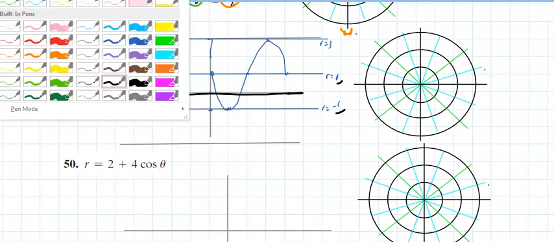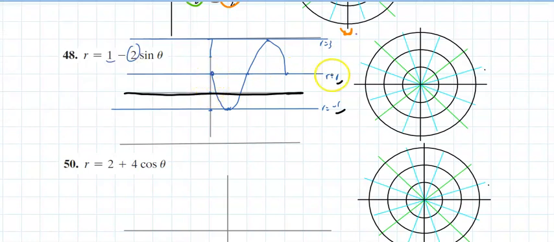So I start this graph with, at 0, I am at 1. So this is one of those. Since R switches signs, it's one of those. I start at 0. This is 0. This is pi. This is pi over 2, 3 pi over 2 and 2 pi.